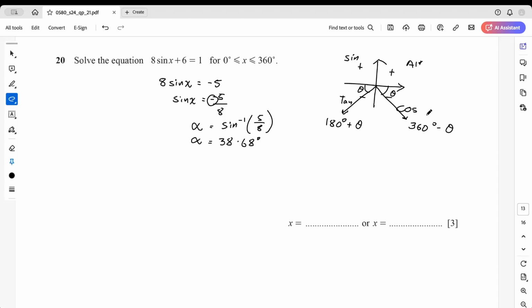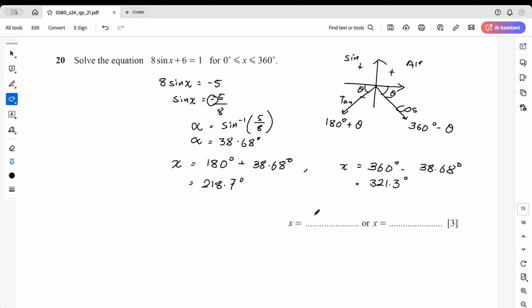So substitute it into these two for quadrant 3 and 4. Your x value will be 180 degrees plus 38.68 degrees, and x will also be 360 degrees minus 38.68 degrees. Those are your two answers.